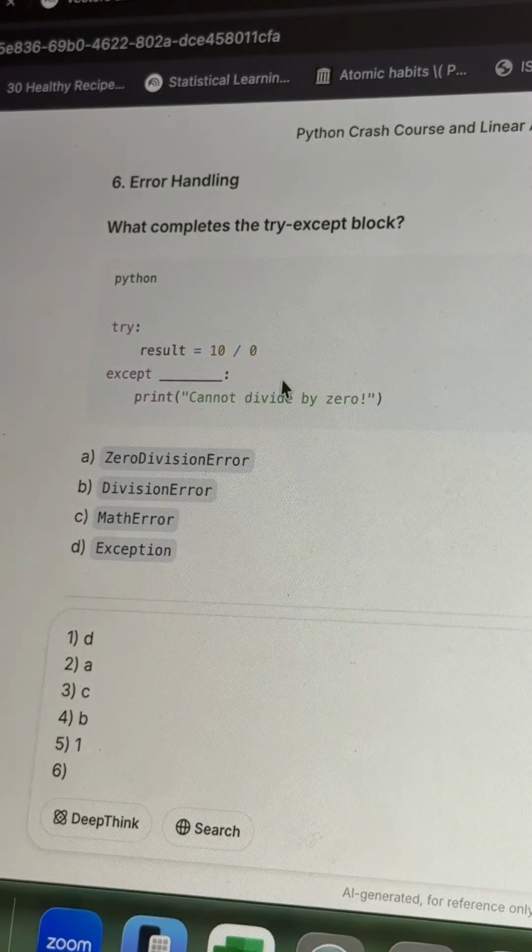Yeah. So the result of 10 divided by 0 should be a math error, right? Or a division error. Yeah, a division error, right? B. It's gonna grade after everything's done.